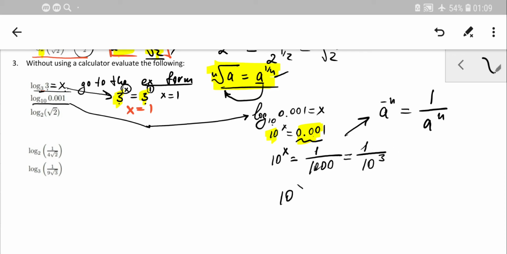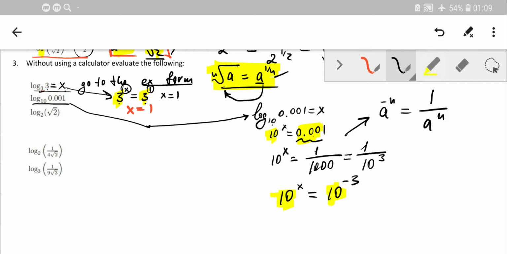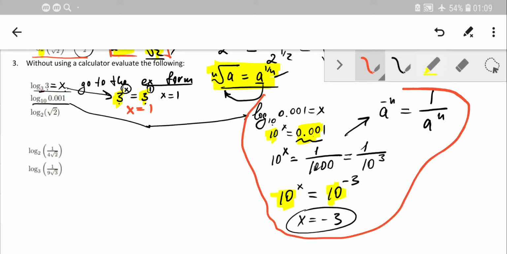You just simply say that 10 to the power of x is 10 to the negative 3. And now it's pretty obvious because the base is the same. You just simply need to say that x is negative 3, and this is the answer. So that was the whole solution for this one. So we've done that one, we've done the first one.